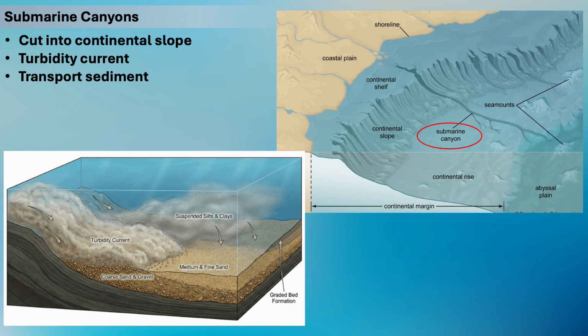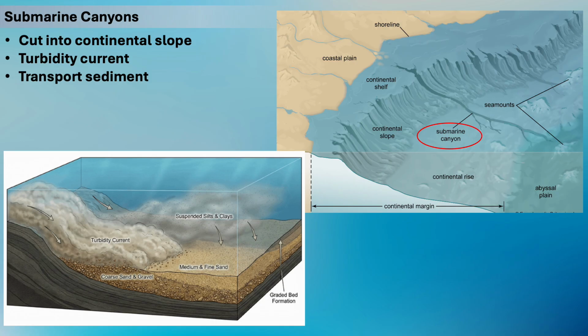As a turbidity current travels downslope, it can transport enormous amounts of sediment from shallow regions to the deep ocean. The sediment within the flow is gradually sorted by size as the current slows. Larger, heavier particles settle out first, closer to the slope, while the finer particles remain suspended longer and are carried farther into the deep ocean.